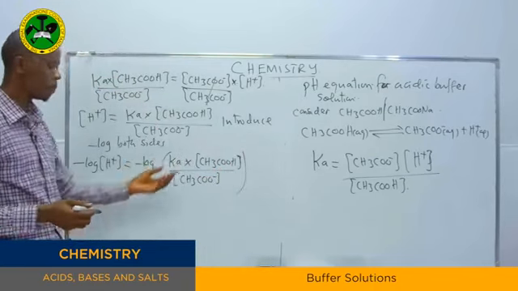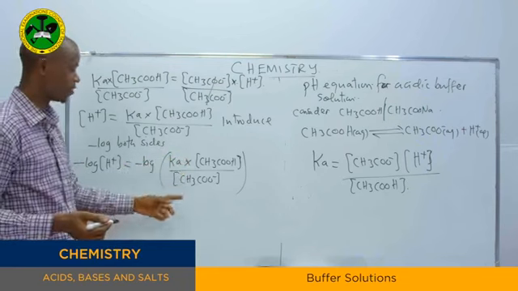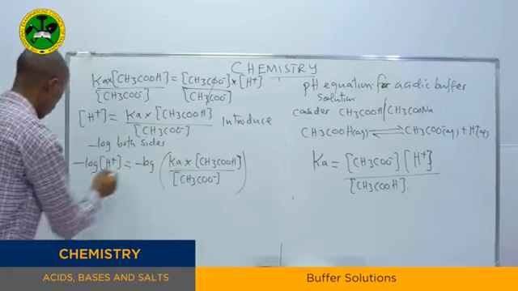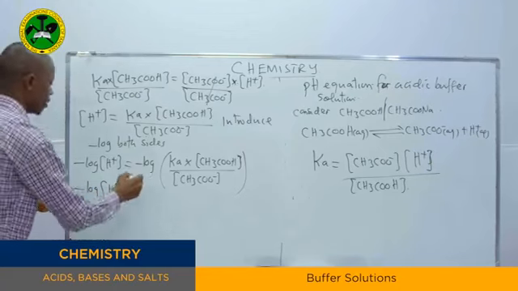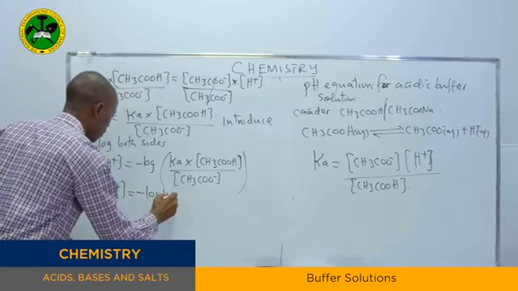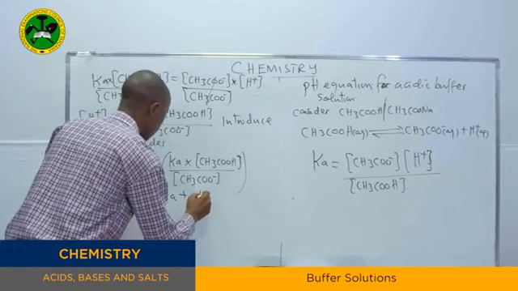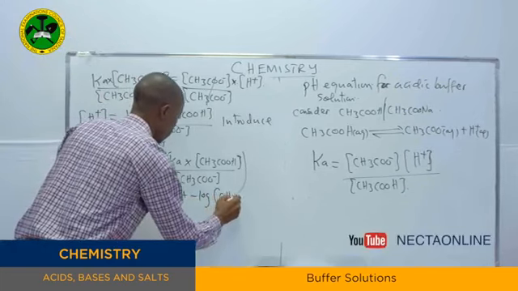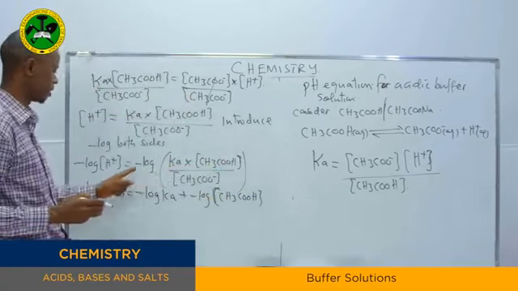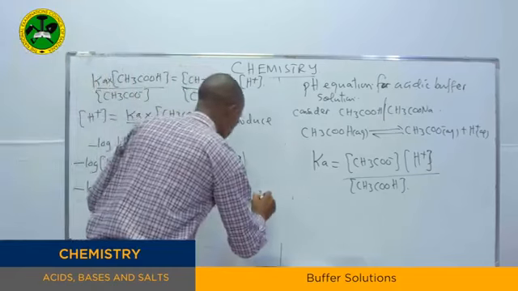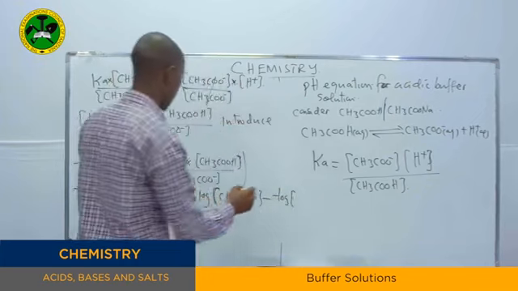Now you can open the bracket. When you multiply in terms of logarithm, that means plus. And division means minus. So here we're going to have the following: negative logarithm of Ka plus negative logarithm of the concentration of acetic acid, and this division will be minus negative logarithm of acetate ion.